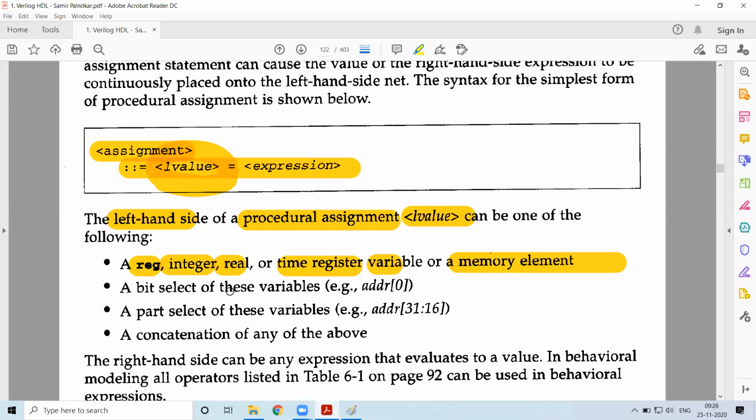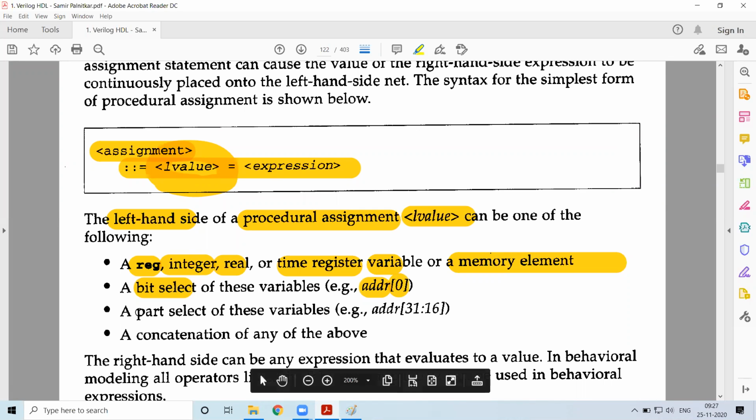Apart from these data types, I can also have variations. If the register data type is a vector in nature, that is, it is more than 1 bit, and I want to assign only 1 bit, I can do that by a bit select operation. Here I specified ADDR 0, so only the 0th bit of this variable will be updated.